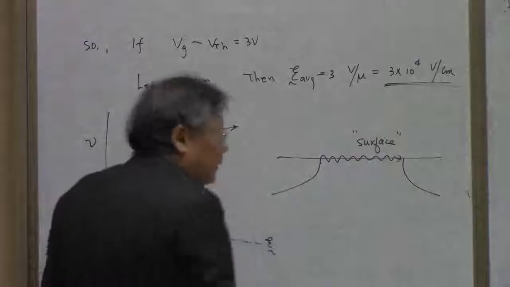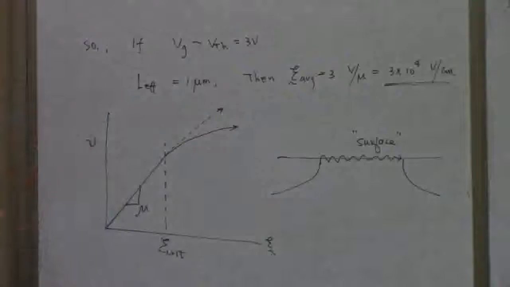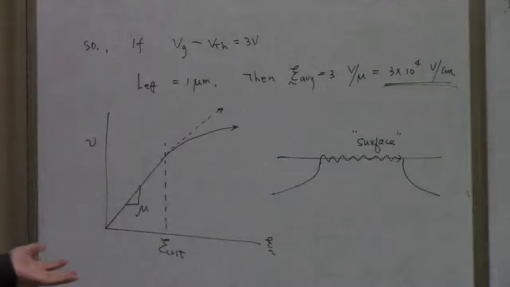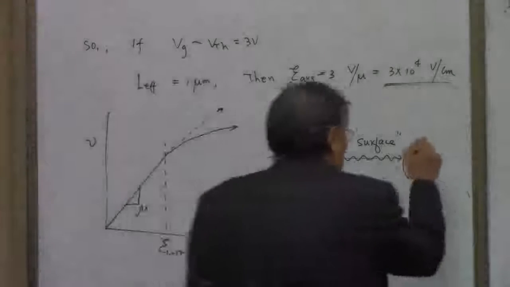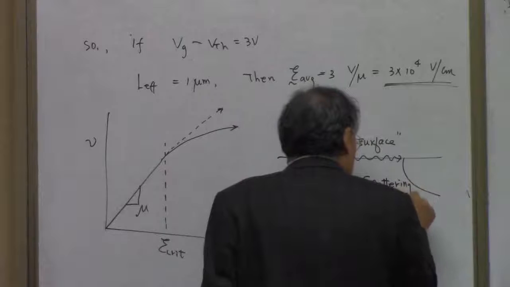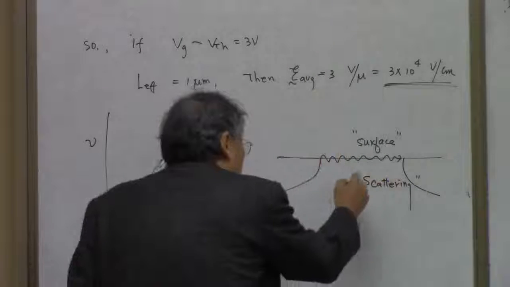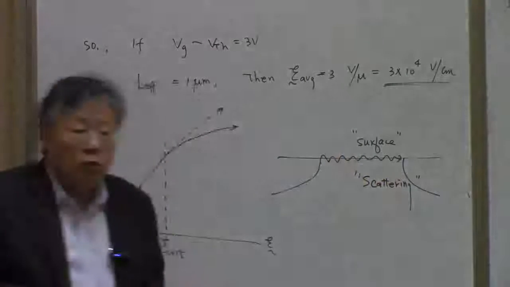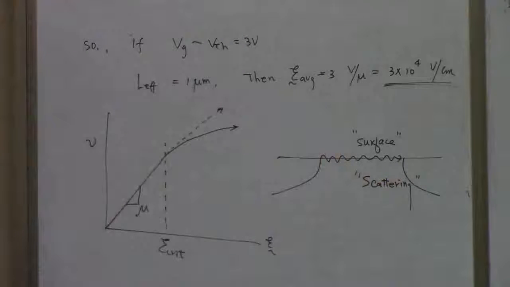In the MOS transistors, the velocity saturation is a very important and very sensitive issue because of this surface scattering, which is at least 2 or 3 times bigger than the bulk scattering.